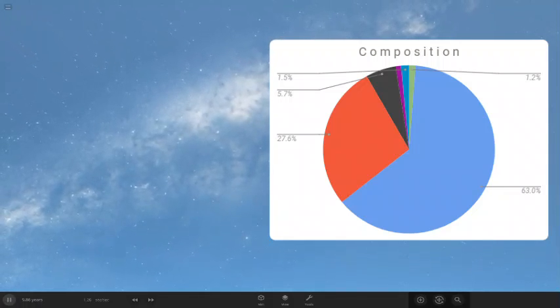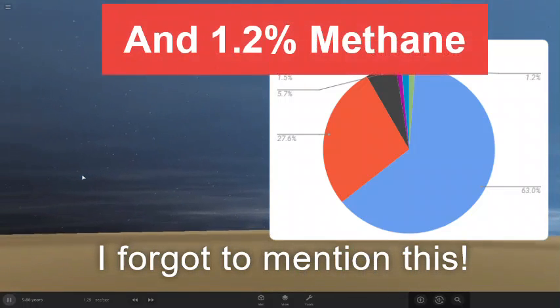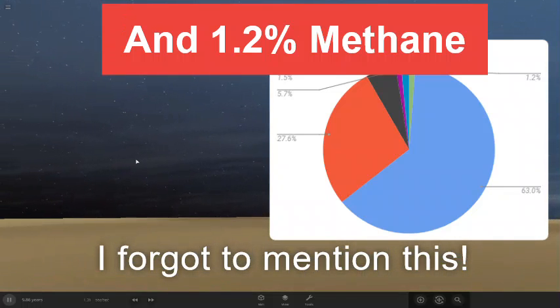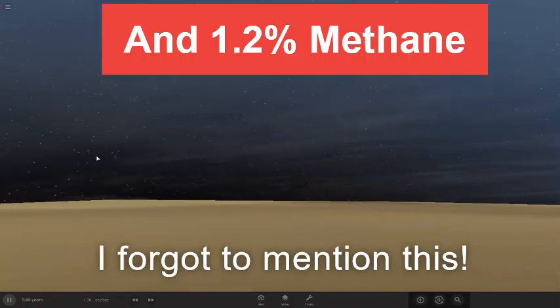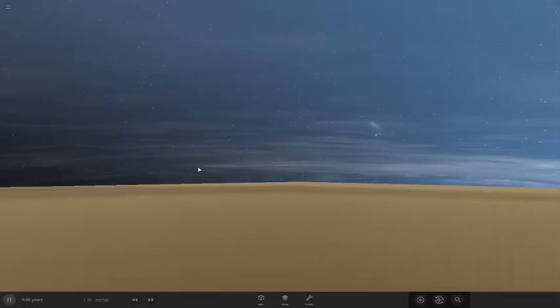It's got 1.5% carbon dioxide, also once again a lot higher than Earth, 1% argon, and trace amounts of other gases. The atmospheric pressure of our planet is 1.2 Earth atmospheres.